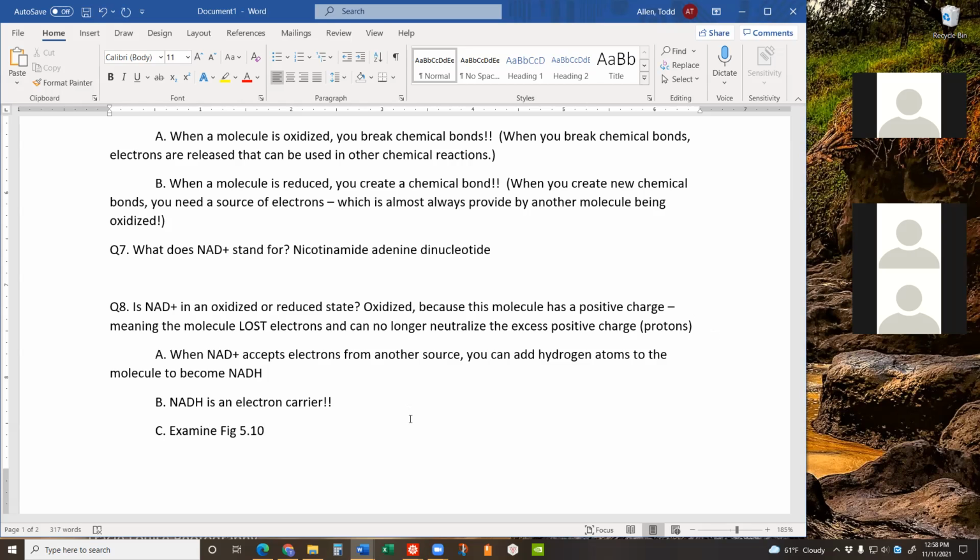We have NAD plus, which has been part of our conversation. We go to the right, we have an oxidized molecule. The molecule that just lost electrons injects electrons into the structure of NAD plus, and we end up with NADH on the right side of the chemical equation.